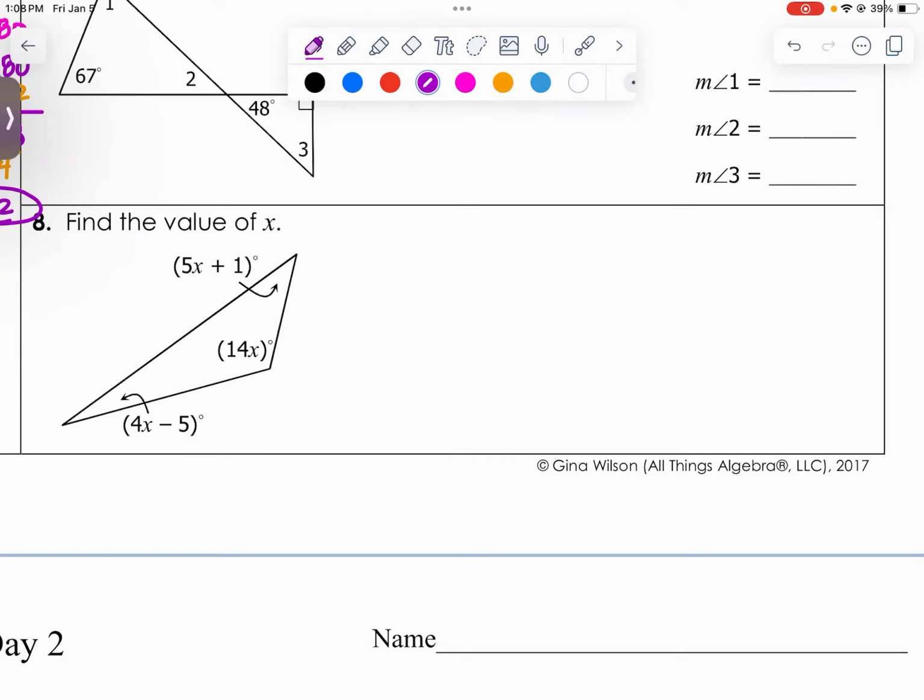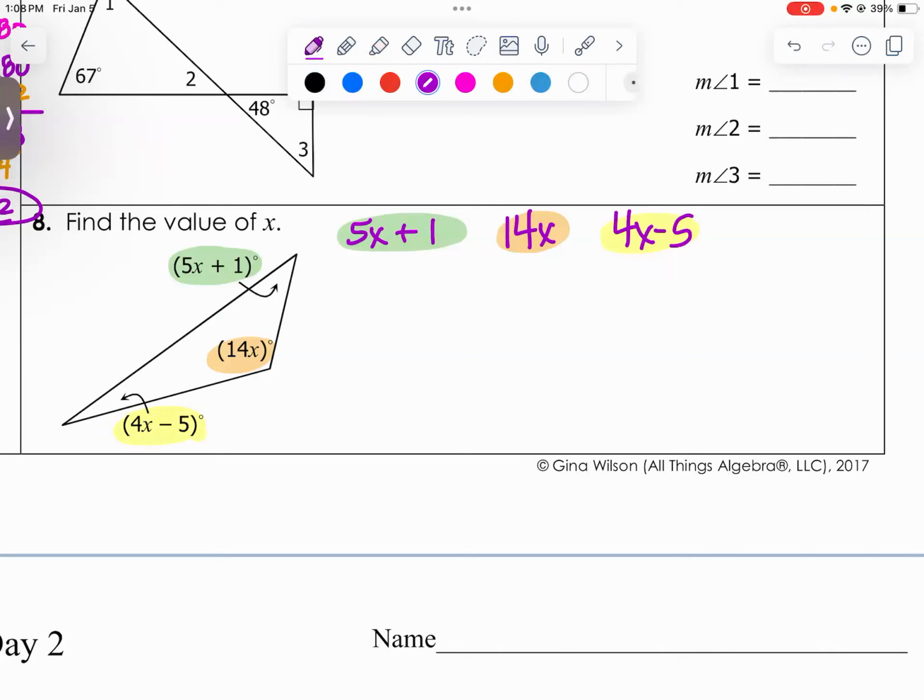Does the fact that 3 angles add up to 180 change? No. So this is what we're going to do. We're going to take this angle, 5x plus 1, and this angle, 14x, and this angle, 4x minus 5.